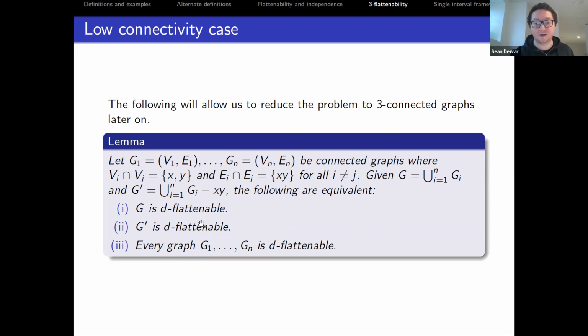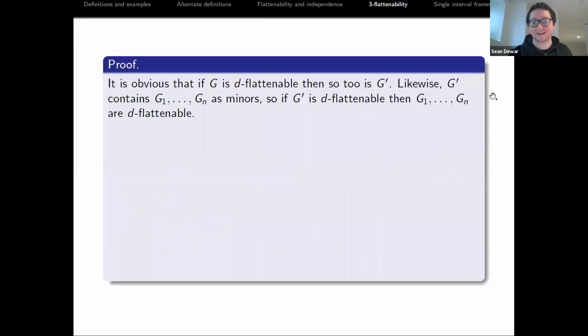And then similarly, you can make a similar statement with G dash. So this result can be extended to higher cliques, but we only need it for edges. So that's the reason for just doing it this way. But yeah, that's a homework problem. If you want to do it, you can extend this.